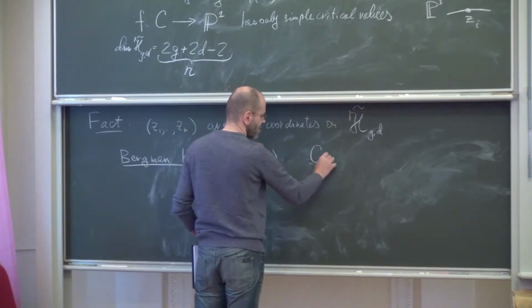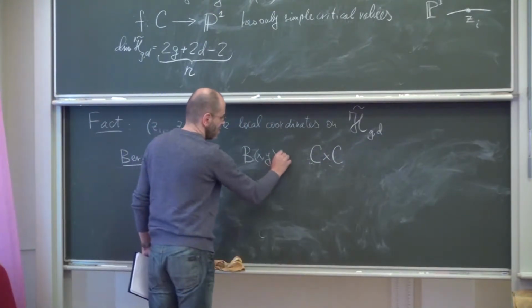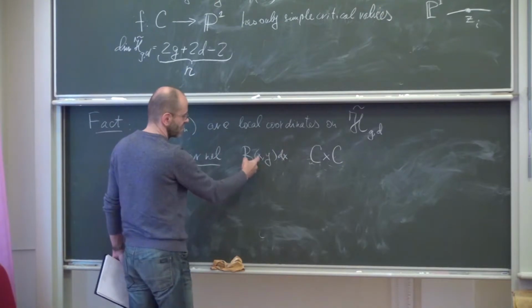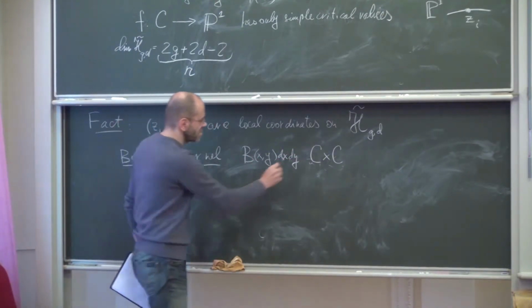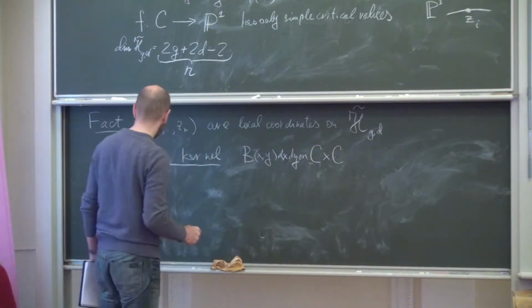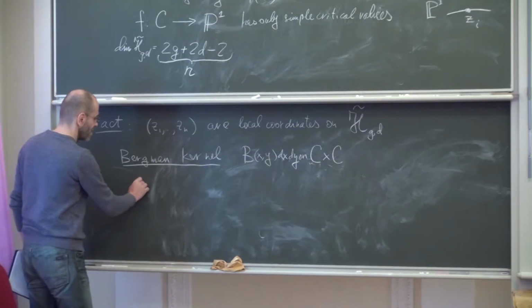It lives on the product C cross C, and it's a one-differential with respect to each of the variables. It satisfies three properties that characterize it uniquely.